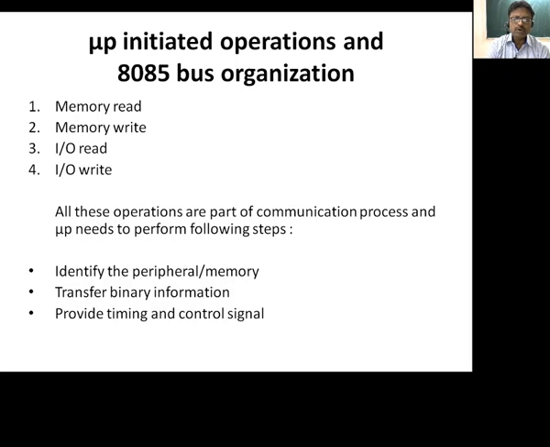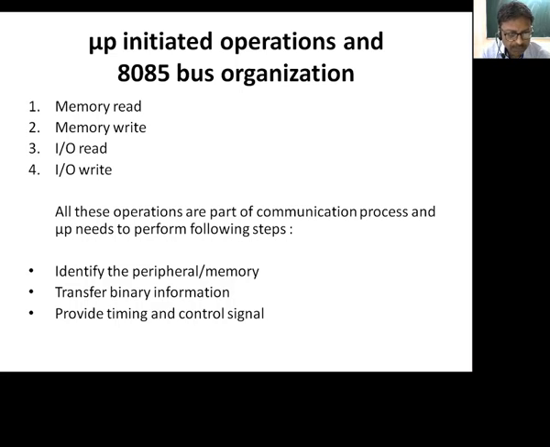All these operations are part of the communication process, so the microprocessor needs to perform certain steps for the memory read, memory write, input output read, or write operations. So what are the steps required?